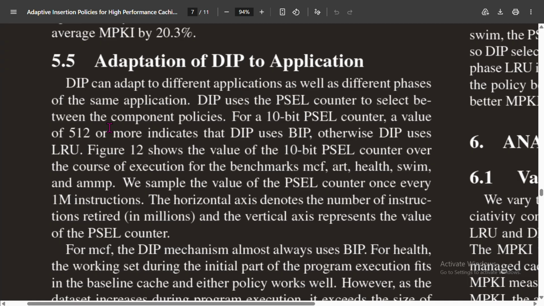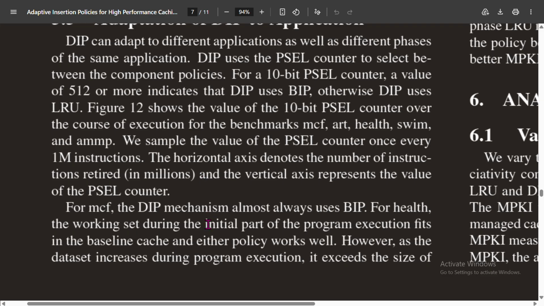Adaptation of DIP to application. DIP can adapt to different applications as well as different phases of the same application. DIP uses the PSEL counter to select between the component policies. For a 10-bit PSEL counter, a value of 512 or more indicates that DIP uses BIP. Otherwise, DIP uses LRU. Figure 12 shows the value of the 10-bit PSEL counter over the course of execution of the benchmarks mcf, art, health, swim, and ammp.